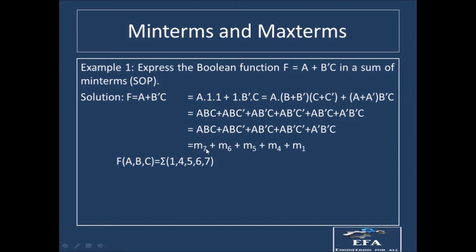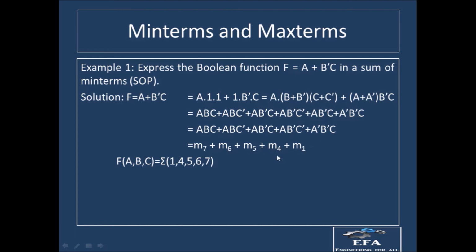So m7 will be there, plus from here we have 110, which stands for 6, so it is m6. This is 101, because we have a complement over here, and complement stands for 0. So 101 stands for 5, 100 stands for 4, and 001 stands for 1. So we will have m7, m6, m5, m4 and m1, with OR gates between them, as the min terms.